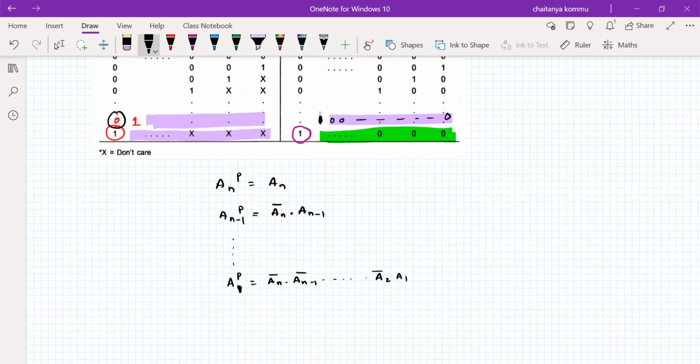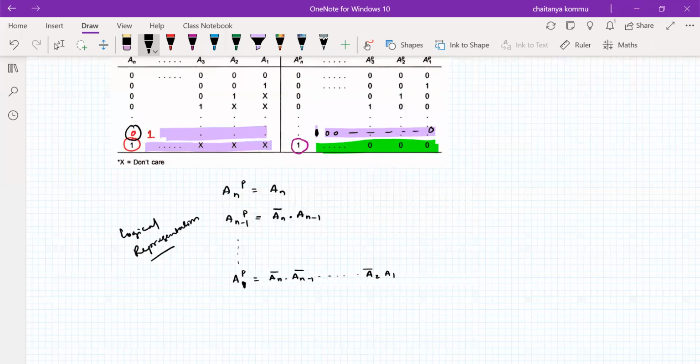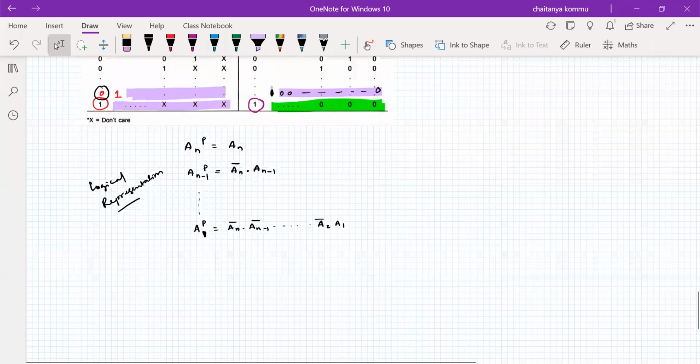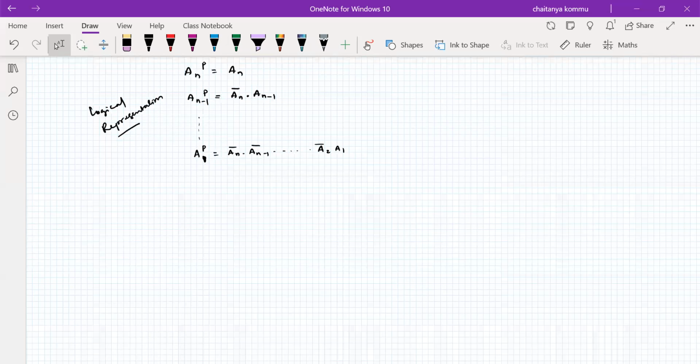So this is the logical representation. How do we implement the circuit now? Let us implement the circuit in this fashion.